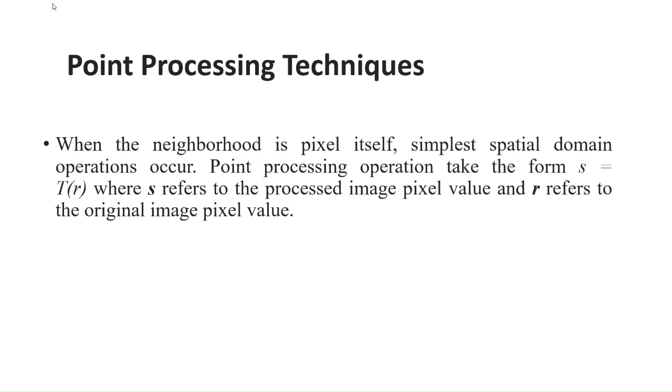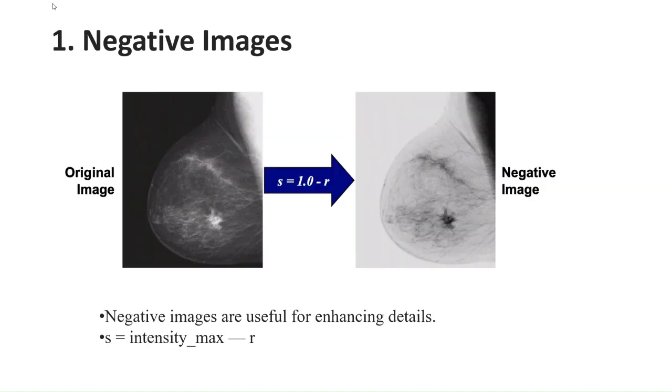In point process techniques, we have different types of functions. For all these functions, we use this formula s is equal to capital T of r, where s is the processed image and r is the original image. First one is the negative image.